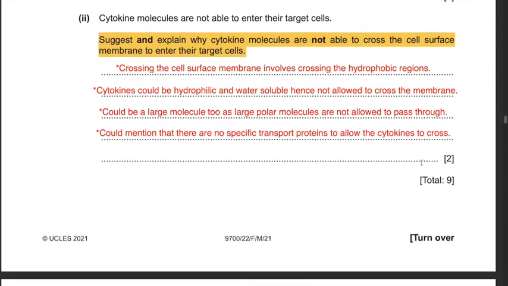Part 2. Cytokine molecules are not able to enter their target cells. Suggest and explain why cytokine molecules are not able to cross the cell surface membrane to enter their target cells. Crossing the cell surface membrane, if you recall correctly, involves crossing the hydrophobic regions, because a cell surface membrane is a phospholipid bilayer, and in a phospholipid bilayer there are hydrophobic tails.